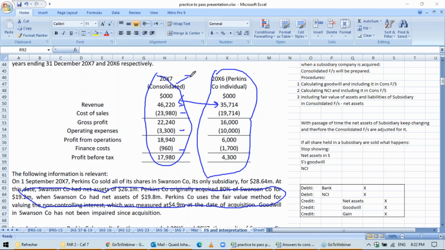First, you have to convert this into individual figures without the subsidiary figures, so that we can interpret from it and we can compare these for performance measurement purposes. So they say remove the subsidiaries figures from it first, and then make an income statement for Perkins only.